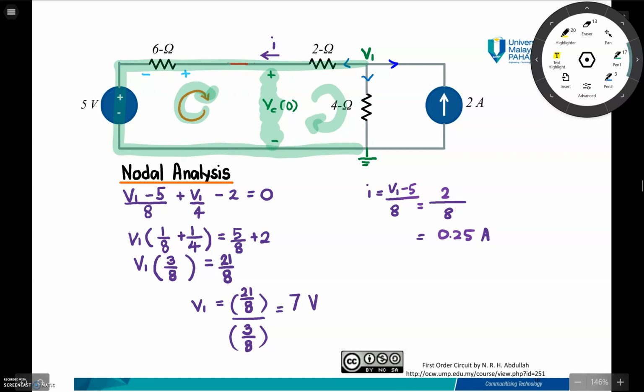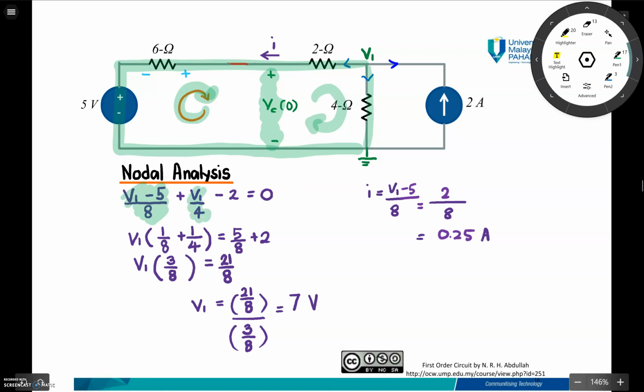Therefore, for the first branch, you can see that there is an 8 ohm resistor and a 5 volt voltage source. The formula for this branch is V1 minus 5 over 8. And then for the second branch, which consists of a 4 ohm resistor, the formula of I will be V1 minus 0 over 4.